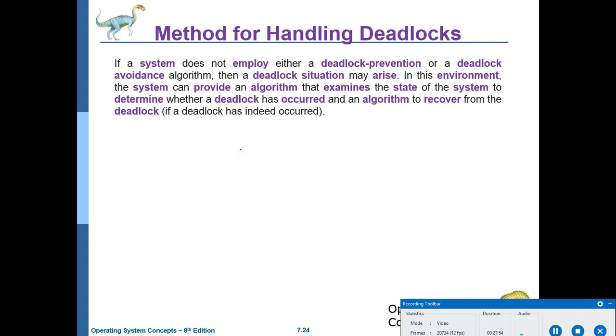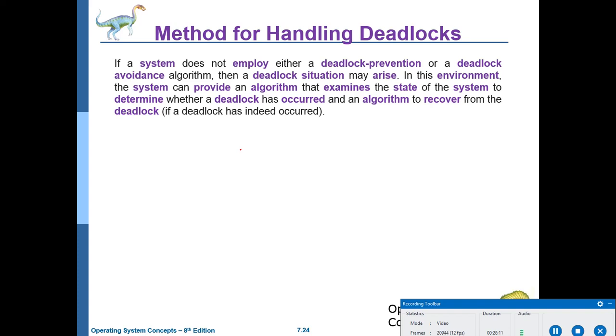If a system does not employ either a deadlock prevention or a deadlock avoidance algorithm, suppose none of the algorithms is employed in a system, then how to handle a deadlock situation? Then a deadlock situation may arise.